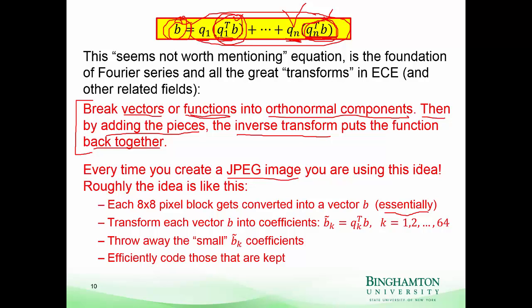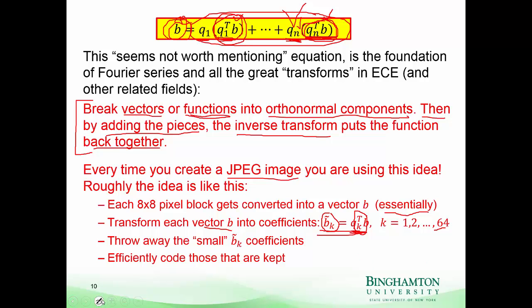Then we transform each vector B into these coefficients, and I'm just using a B tilde here. So I take each of some given orthogonal, in fact orthonormal, vector, and I do the inner product. And since I would do this for all up to n, and there's 64 elements in my original B, I would do this 64 times.